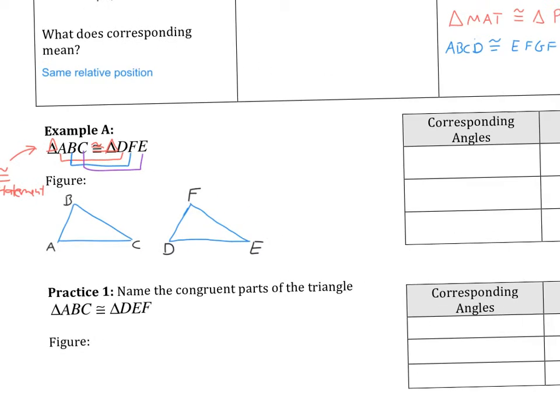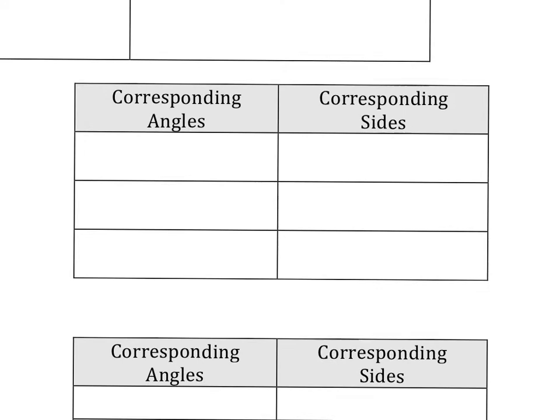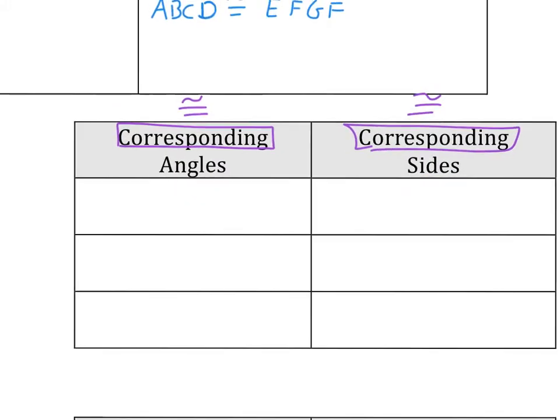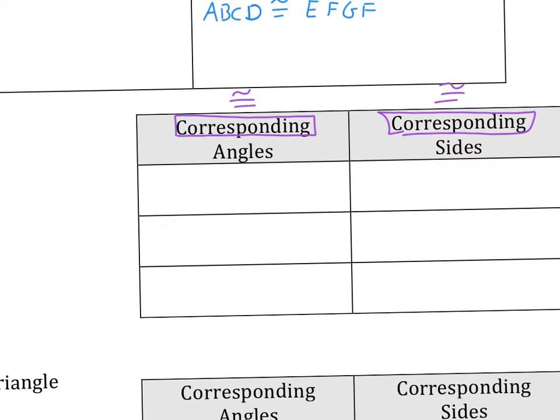So what can we extract from this? It turns out that not only do we have corresponding angles and corresponding sides, but they are also congruent. And the same thing applies here. By the way, the corresponding angles, that's the part that tells me we have the same shape.